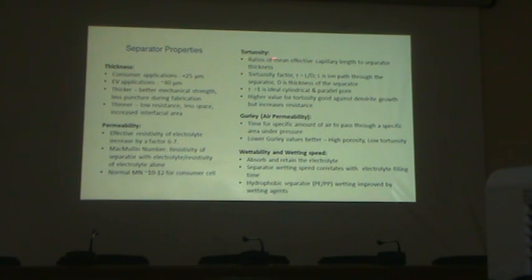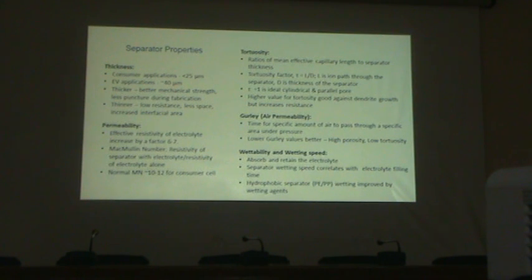Tortuosity. This was also taught by Professor Vikas Kumar in the morning. He was talking about the tortuosity of the electrodes. What it means is the mean effective capillary length to the separator thickness, so basically how effectively the electrolyte seeps into the separator. The tortuosity factor tau is defined as the length, that is the ion path through the separator, divided by the thickness of the separator.